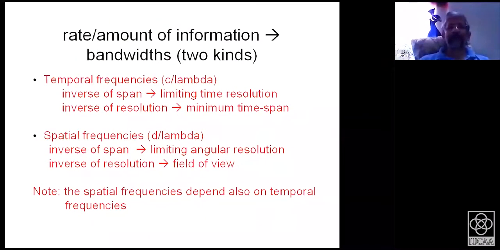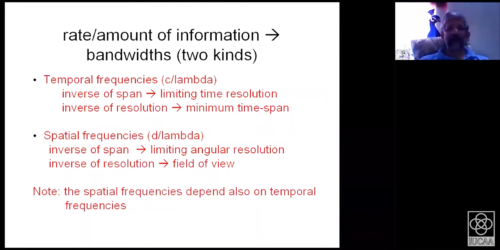It's important to appreciate that there are two kinds of bandwidths here. One is the very familiar one, which is the temporal frequency spread, which we define as c upon lambda, where again there are inverse relationships that I will not go through but mention only for completeness. There are also spatial frequencies, which are nothing but equivalents of ripple patterns on the plane of the sky, and they have a corresponding frequency description, but these are in space.